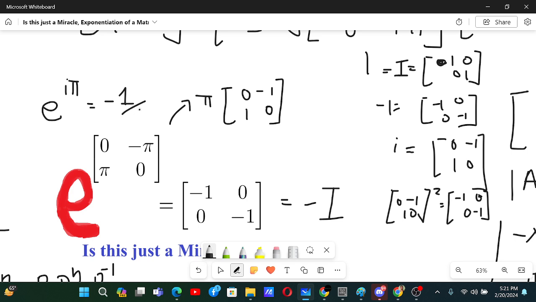So you see, from the definition of 1 to be the identity thing that returns the number, and the definition of minus 1 to be the negation of 1, i to be the square root of minus 1, using these properties we had defined what 1 is, minus 1 is, i is in real numbers.